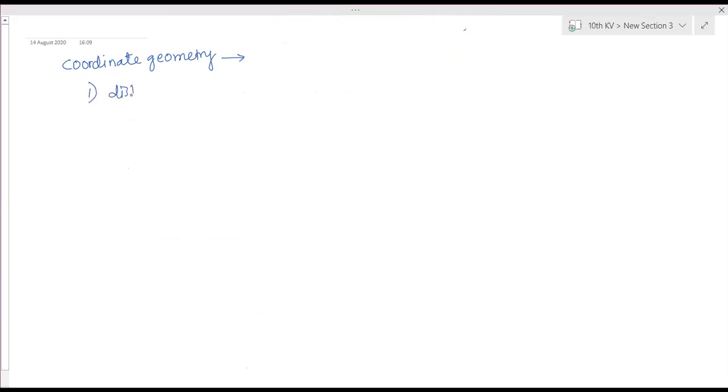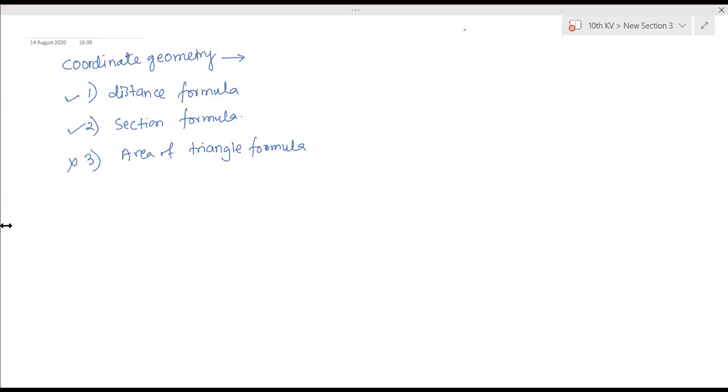First one is distance formula. Second one is section formula. Here there are no graphs. And the third one is area of triangle formula. That part is now removed. Only these 2 parts are there.